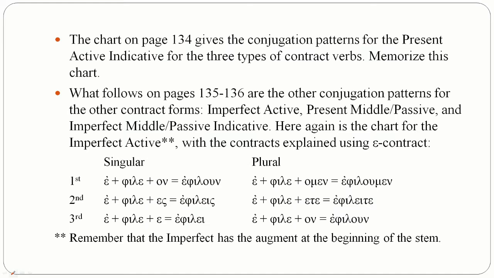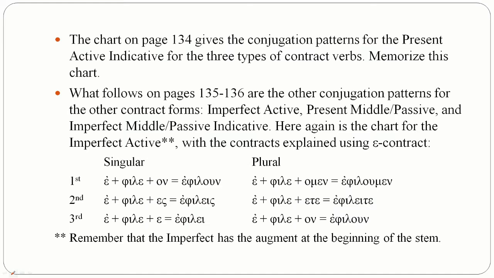Again, this is the imperfect active. So phileo means I love, and ephiloon is I was loving, emphasizing continuous action or repeated action in the past. Ephiloon, I was loving. Ephilase, you were loving.